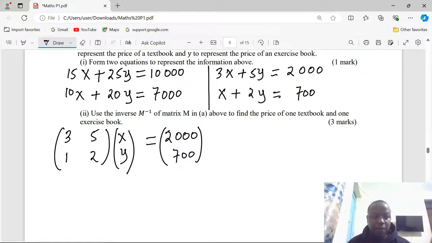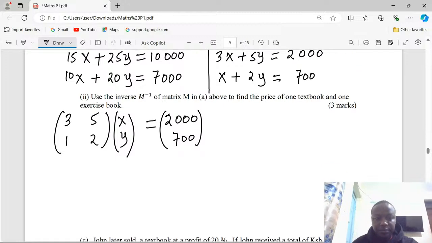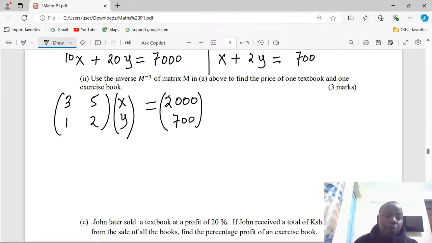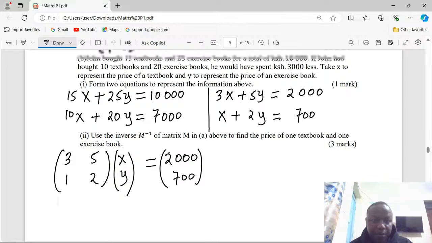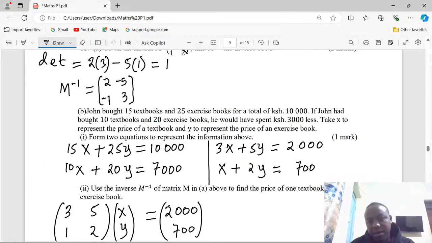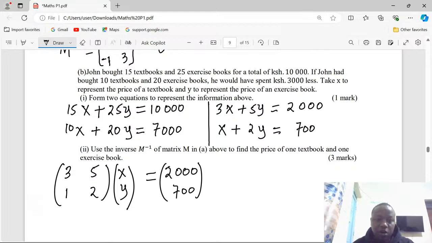At this point now, we are going to multiply or pre-multiply both sides of the equation by the inverse of the coefficients matrix.